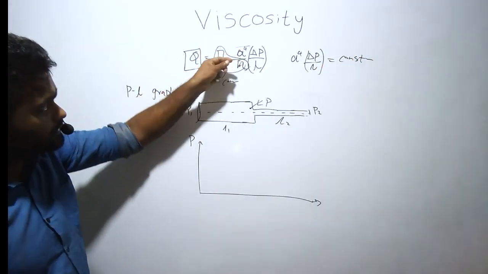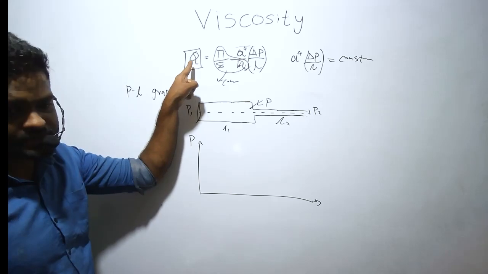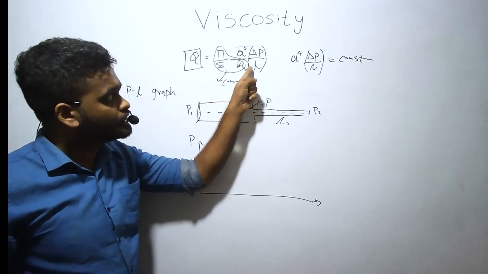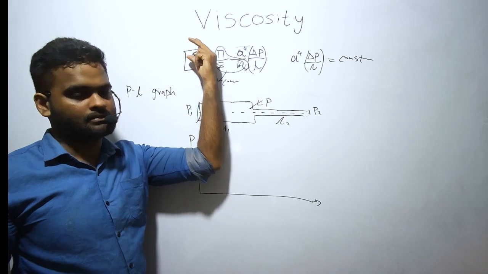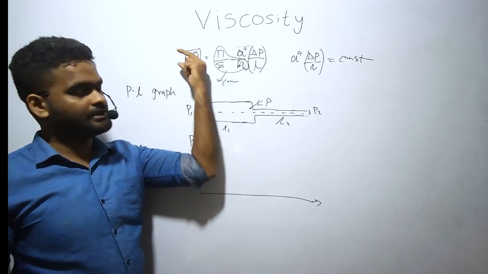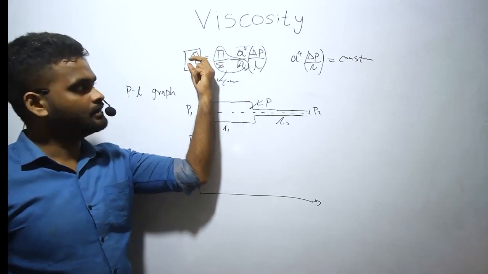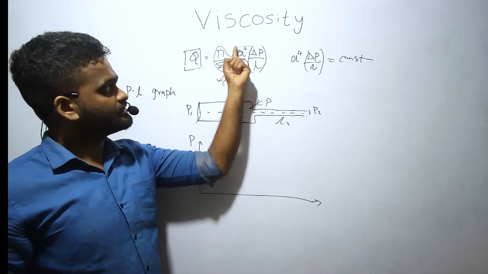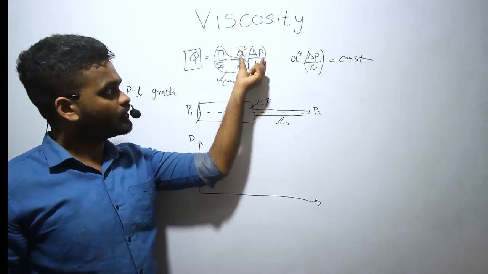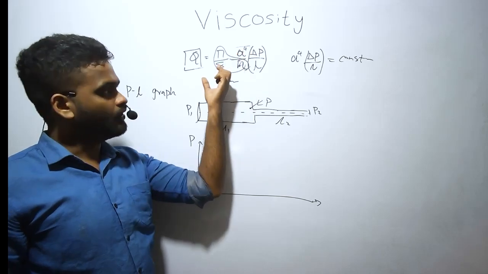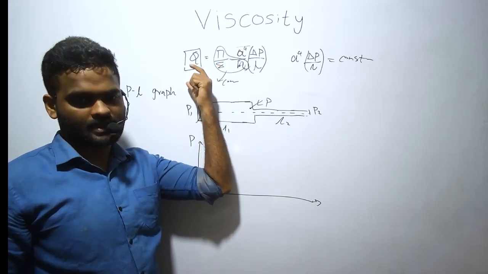When you cross multiply remaining terms, these are just constants, right? So this whole thing is equal to a constant. When you cross multiply and put it to this side, then what happens to this one? A to the power 4 delta P divided by L. This quantity, whole thing, also is a constant. Understood?